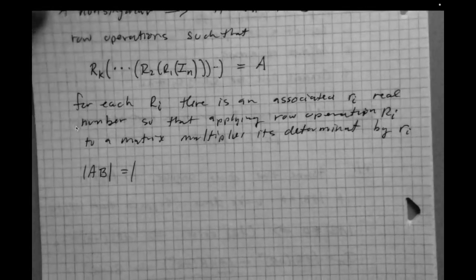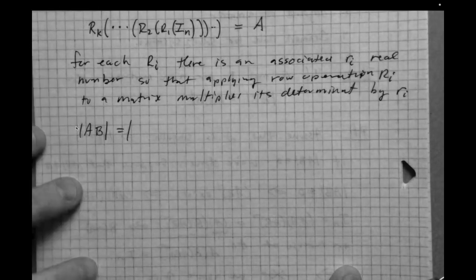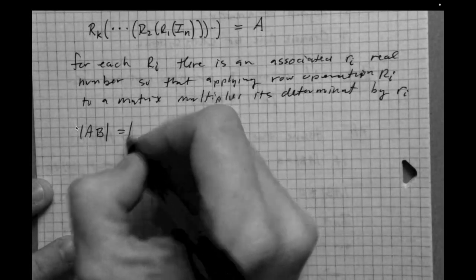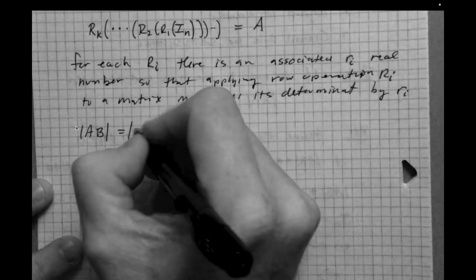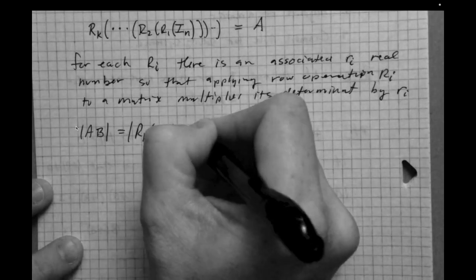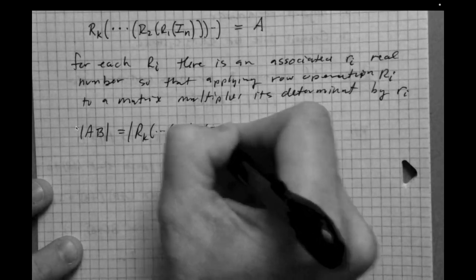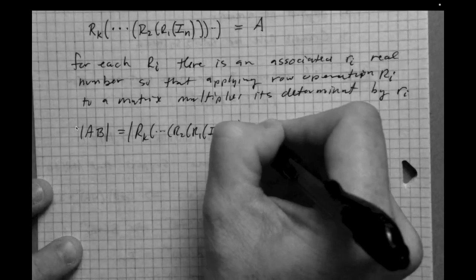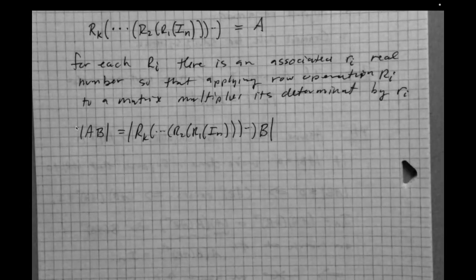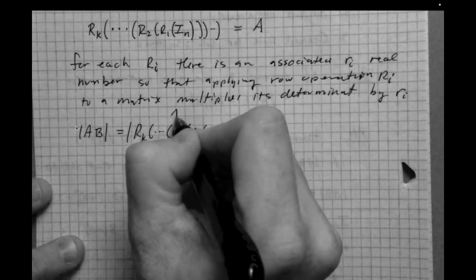That means the determinant of AB is equal to the determinant of the row operation RK, dot, dot, dot, R2, R1, times the identity, times B, like so. So this is again just A.